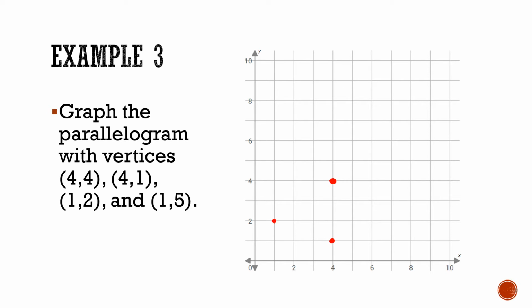And (1, 5) means we go over 1 and up 5. Then you can connect your points. Like I said, opposite sides are parallel, which is why it's called a parallelogram. This would also be considered a rhombus.